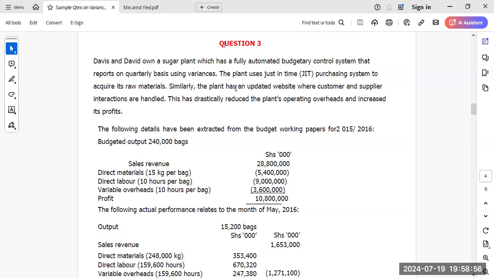Similarly, the plant has an updated website where customer and supplier interactions are handled. This has drastically reduced the plant's operating overheads and increased its profits.